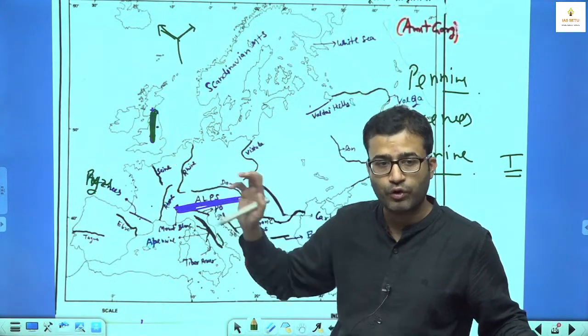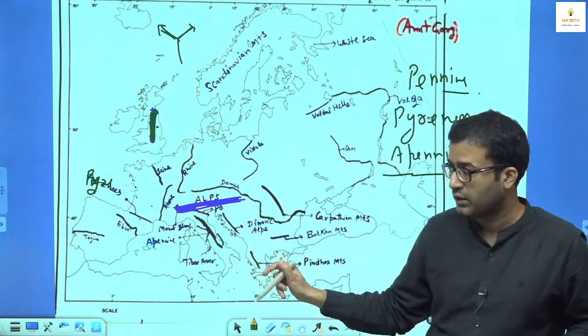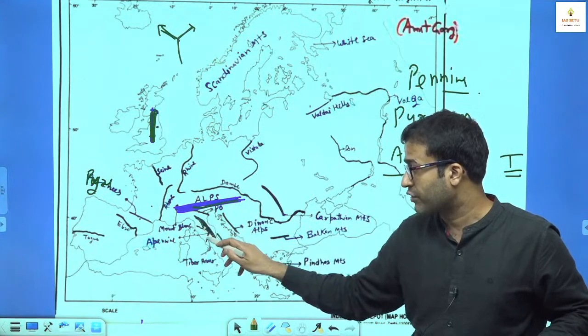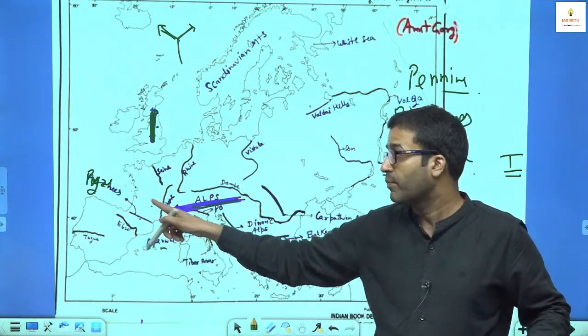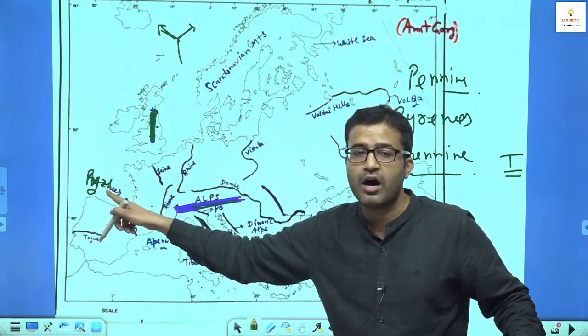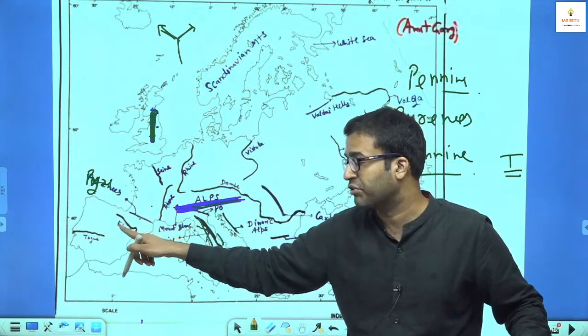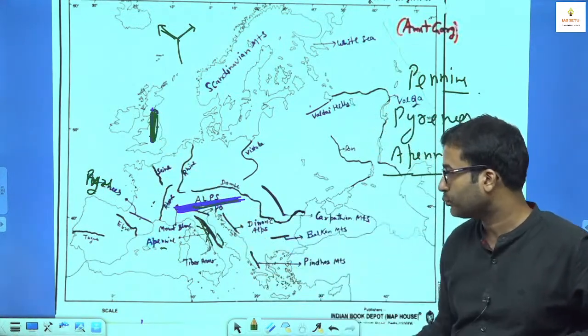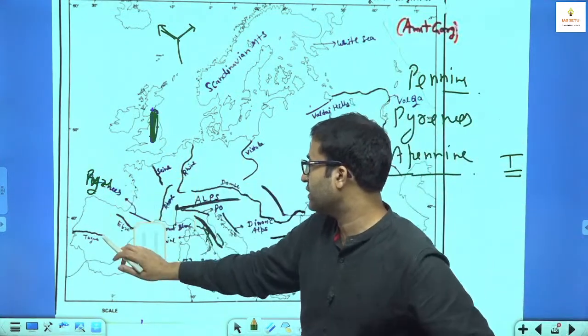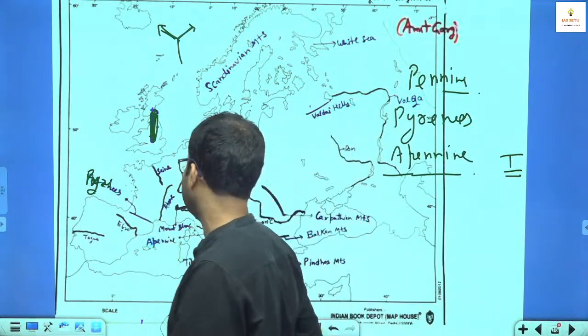Okay, so Alps, that you know very well. After that this is Apennine, in Italy. Pyrenees is between Spain and France, and this Pennine is in Great Britain. After that you can see other important mountain ranges.